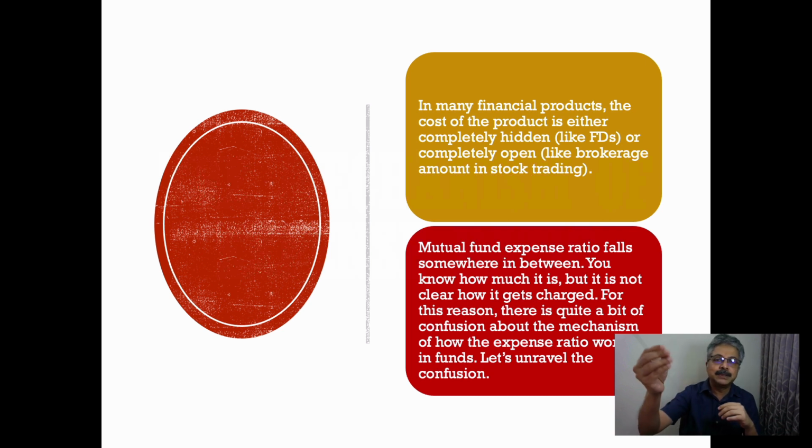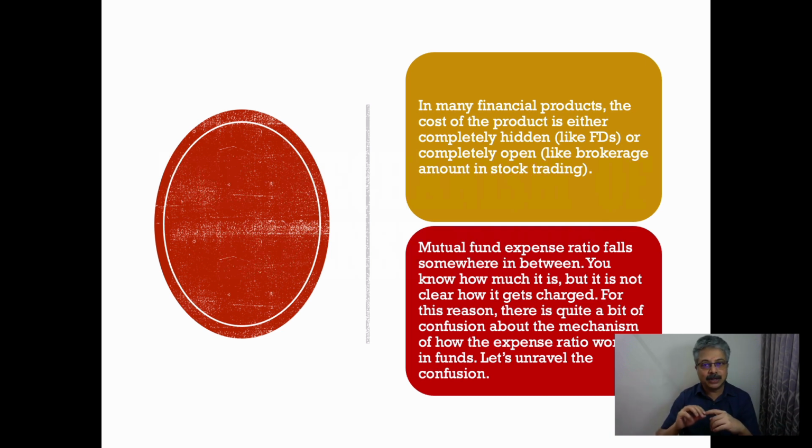The bank gives you a 6% FD, and they make a profit of like 3 or 4% on that, and there is cost hidden in that 3 or 4%, but you yourself, the investor, do not know about that. You just put your money and you get your interest and you go home. There is a cost involved, but that is hidden from you.